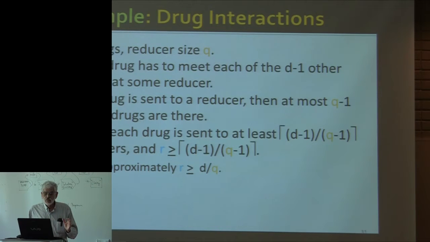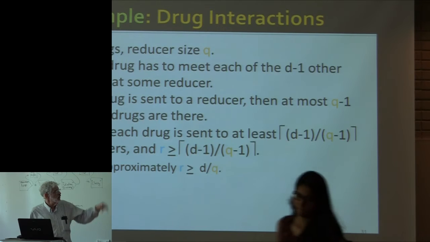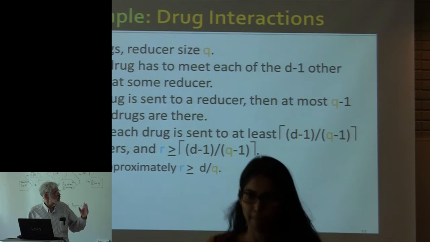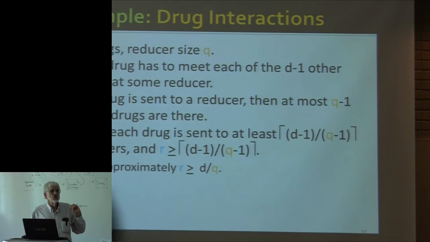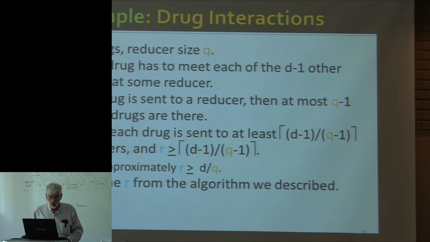So at any rate, the replication rate, forgetting about the minus 1s and the ceiling and so on, is at least D over Q. Remember, I have an algorithm that has R at most 2D over Q, so the lower bound is half what I described.